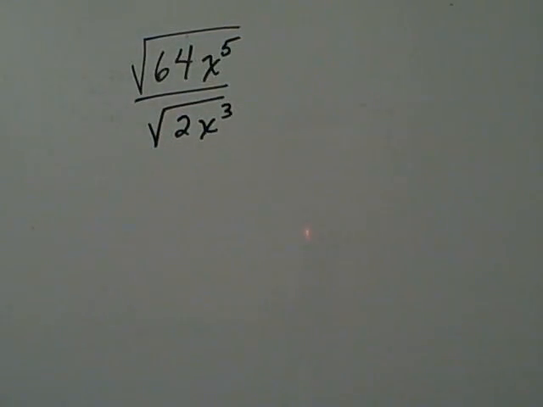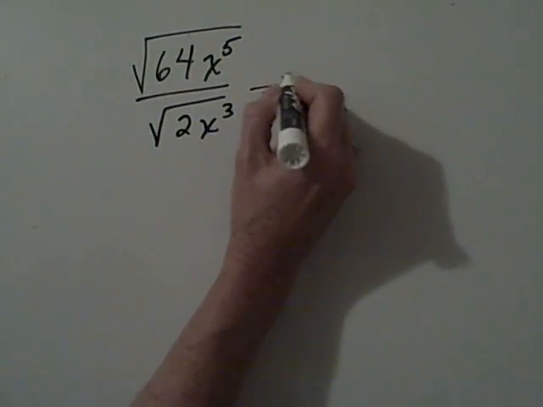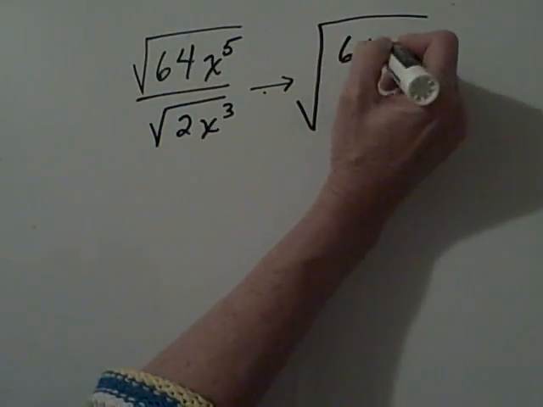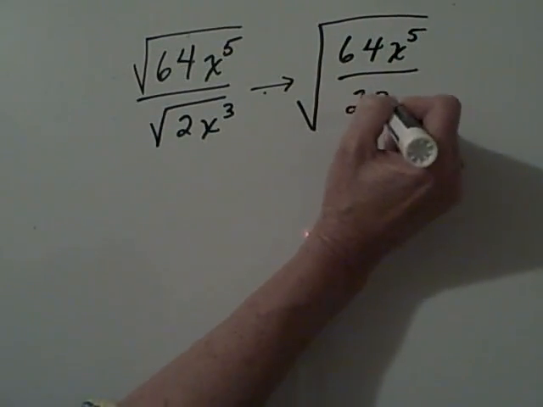In this case, I can notice that some things can cancel. So what I might want to do before I get started here is to put it into one radical, or one square root, 64x to the 5th divided by 2x to the 3rd.